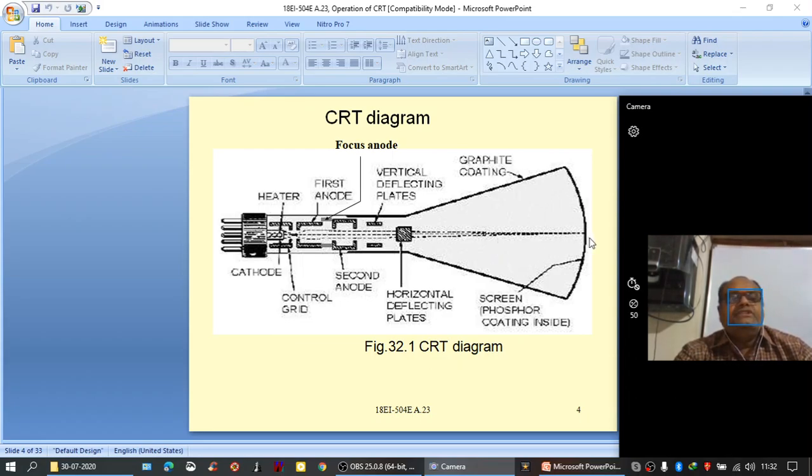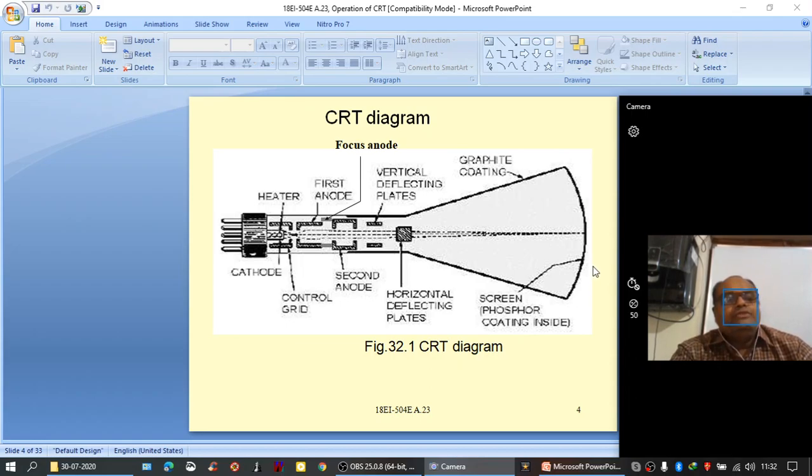At each position when the electron beam hits the surface, the material coated on the CRO screen, that is phosphor material, would emit light.